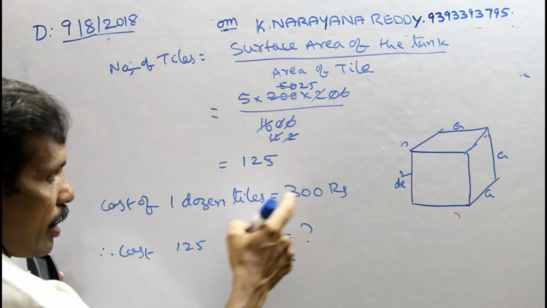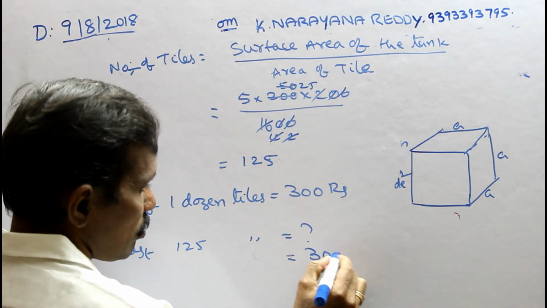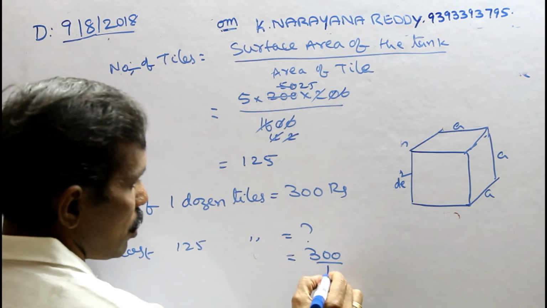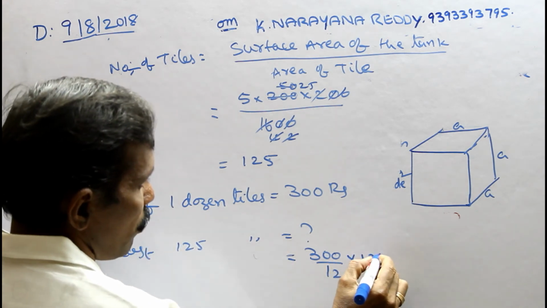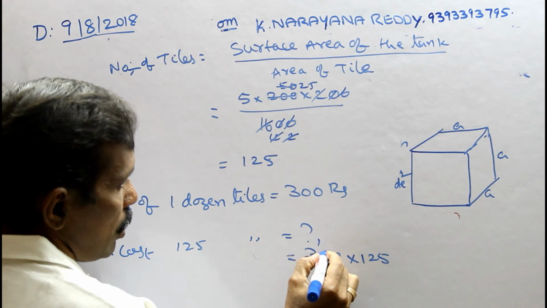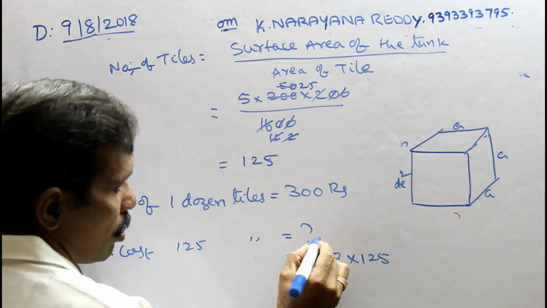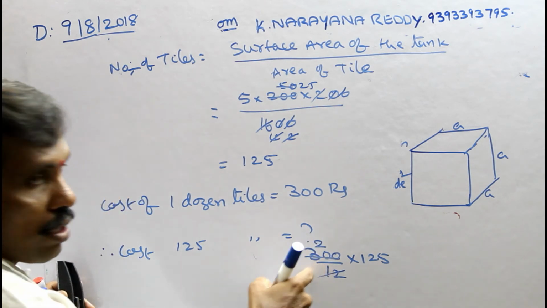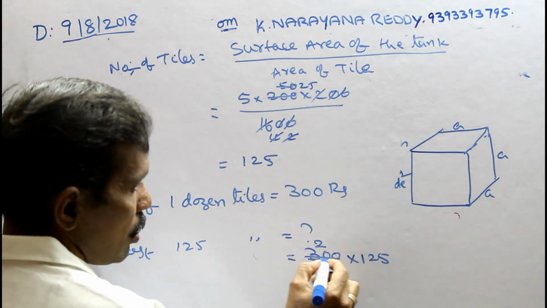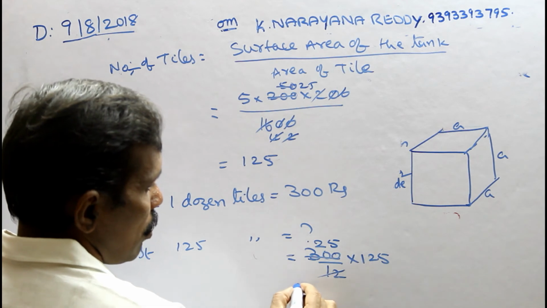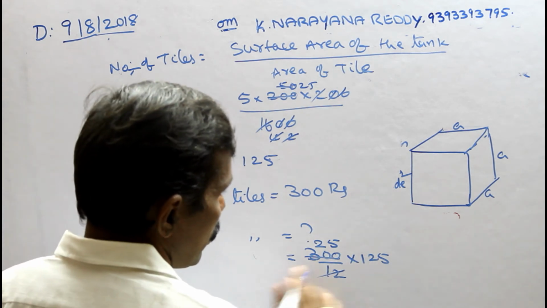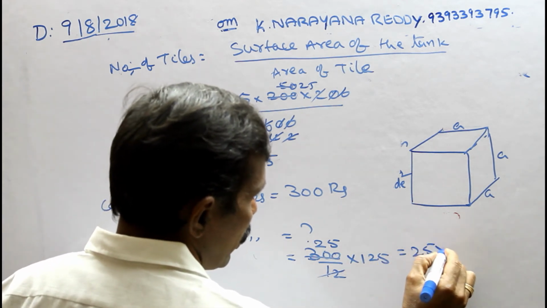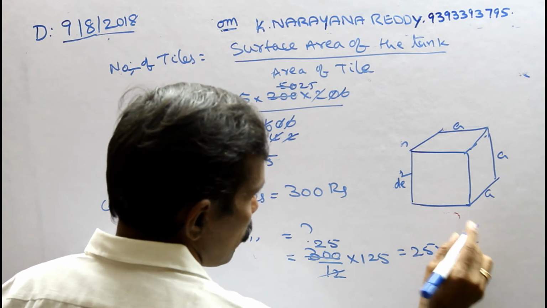Nothing but 300 by dozen, which means 12, into 125. What you get is nothing but 25 into 125.